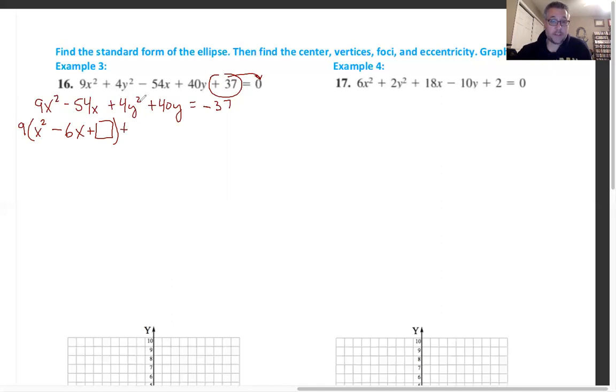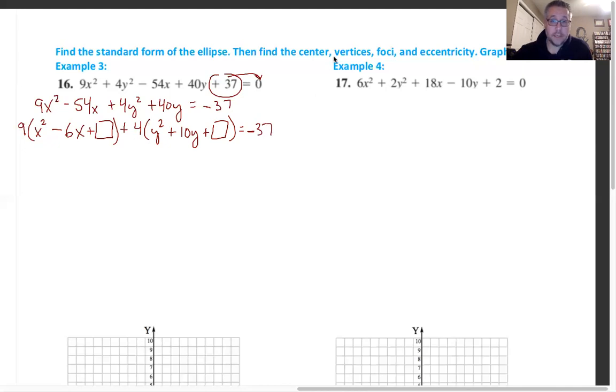On our y squared, the coefficient is 4. If you pull that out, you have 4 times parentheses y squared plus, dividing the 4 out of 40, 10y plus this placeholder, and that equals negative 37.